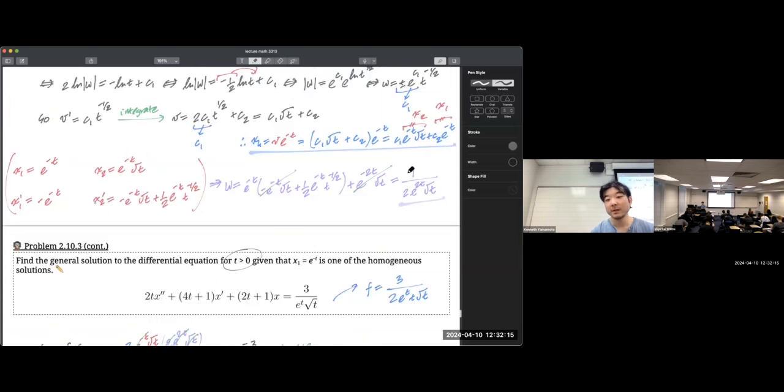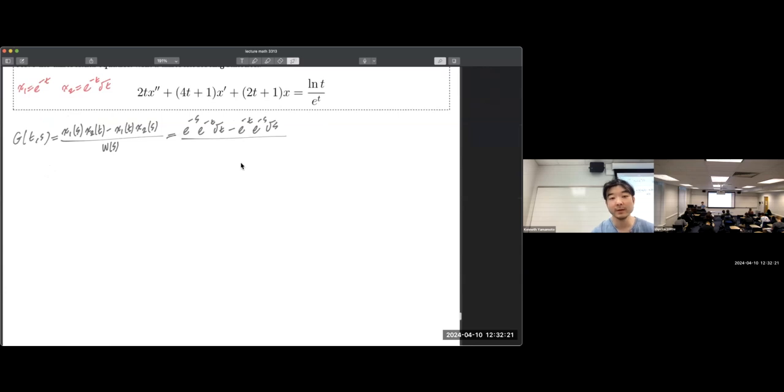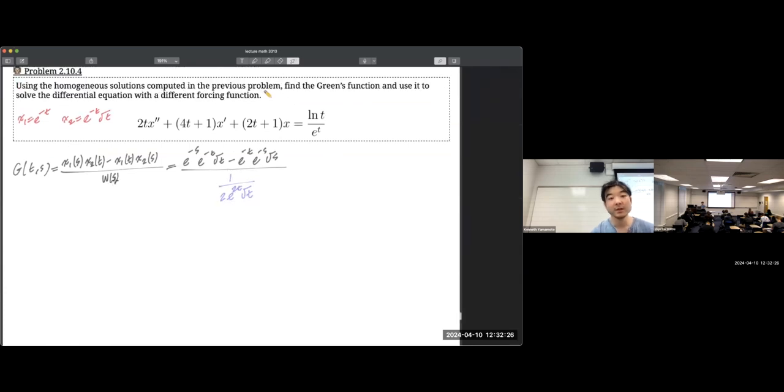Just copy and paste the Wronskian, because it's the same as before given the x1 and x2 we had. But the Green's function needs W of s, so all the t's become s's.